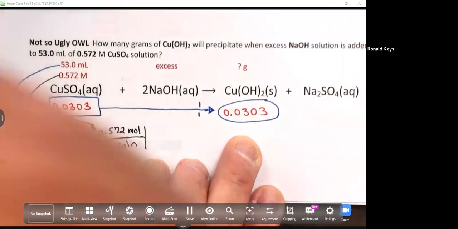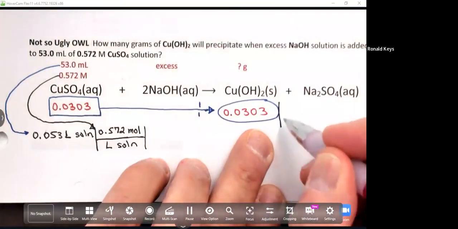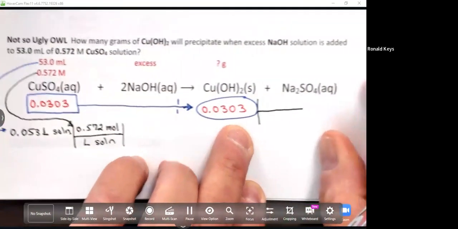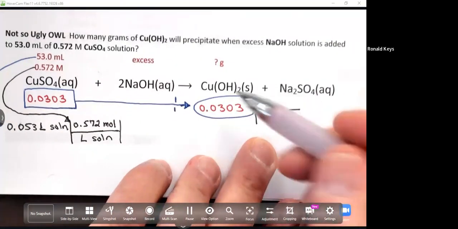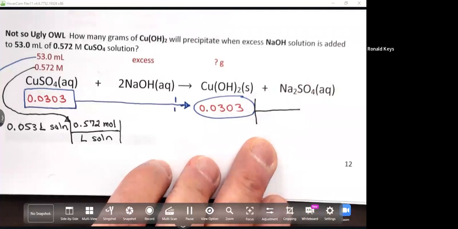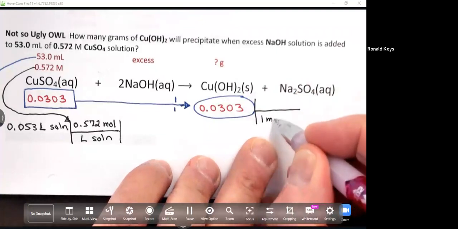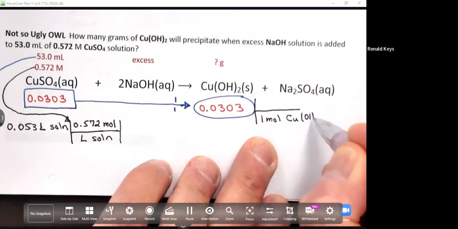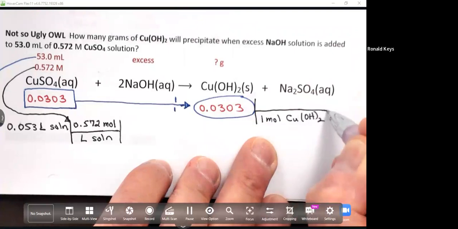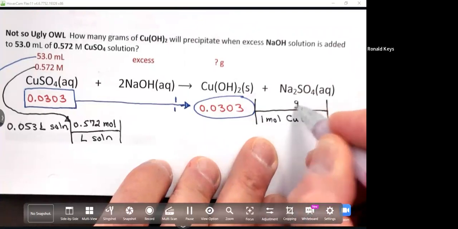Now I'm just going to convert this. Now I got to grab my periodic table. You don't always have to grab your periodic table, but if you got grams, you do. So 1 mole of copper 2 hydroxide is grams.